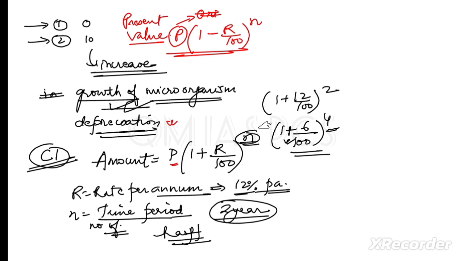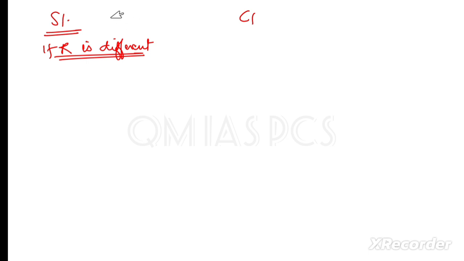So I think I have completed a few things here. Let's see if there is anything left. One more condition you can consider, for SI and for CI also: if the rate is different for different years. Say R1, R2 and R3, three rates are given.